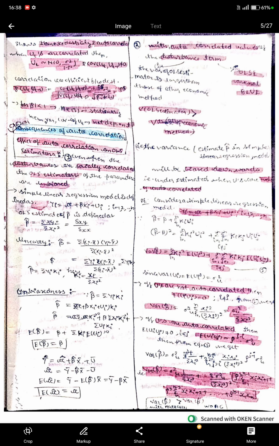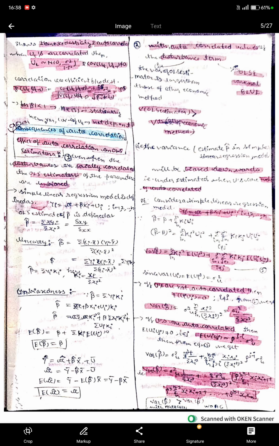Then from equation 1 we get variance of beta cap equals sigma square by Sxx plus summation j greater than i, i from 1 to n, 2 times xi xj by summation xi square whole square, and rho to the power j minus i sigma square u.